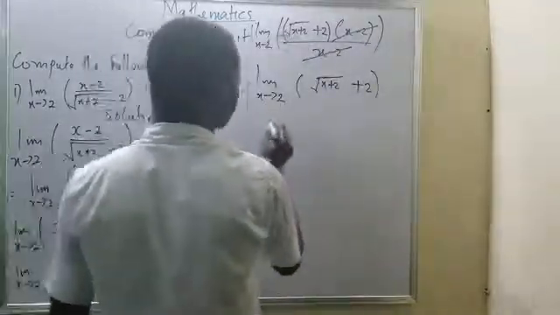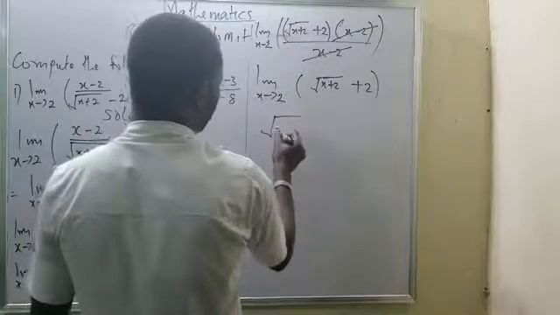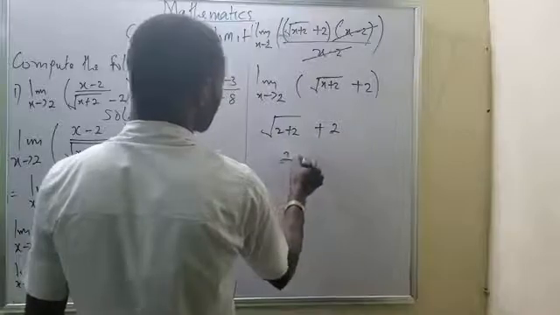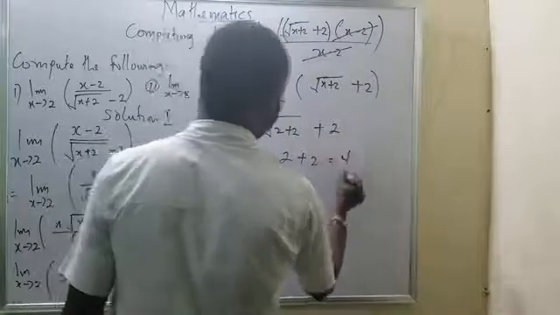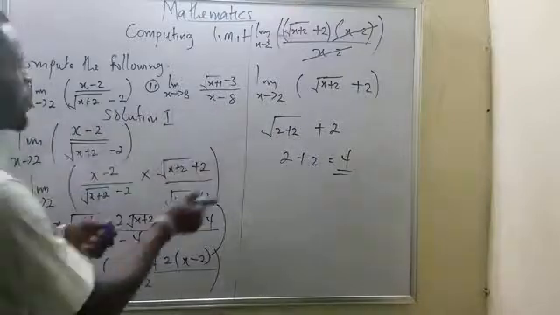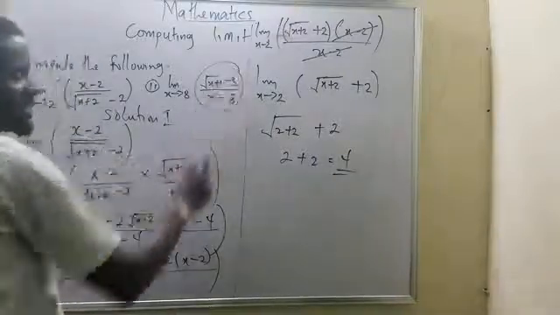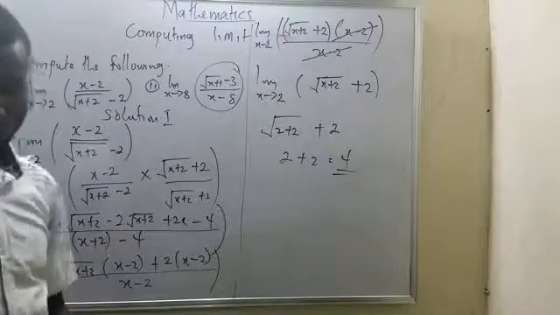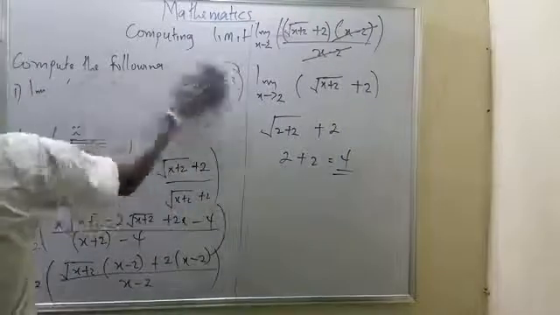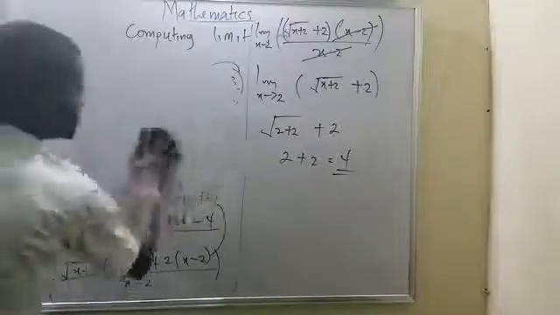It means I'll be having root of 2 plus 2 plus 2, which is 4. 2 plus 2 equals 4. My answer is 4. Now you can do the same thing to this one. At this point, what you just need to do is conjugate this and rationalize it, and the power of algebra and using surds will be needed also. That is the first one.